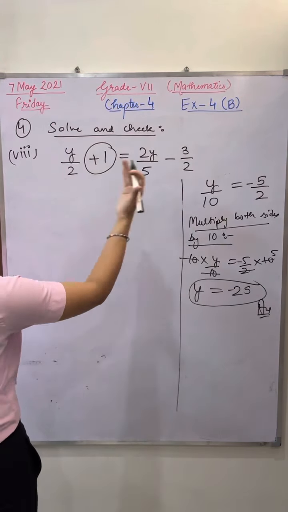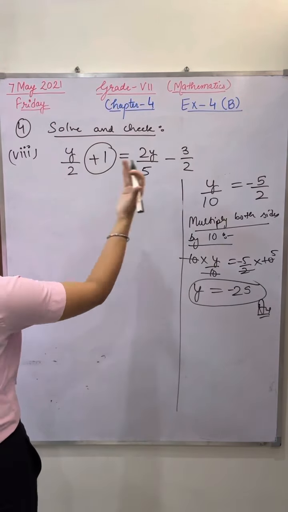Now take LCM here. 2 ones are 2, and 1 into 20 is 20, minus 2 ones are 2, 1 into 3 is 3, is equal to minus 25 plus 2, minus 23 by 2, is equal to minus 20 minus 3, minus 23 by 2.